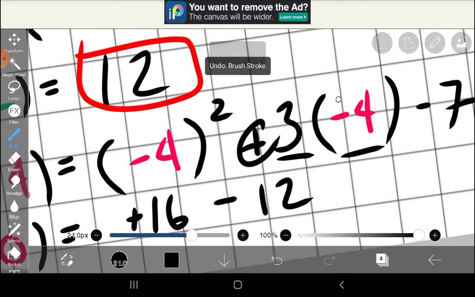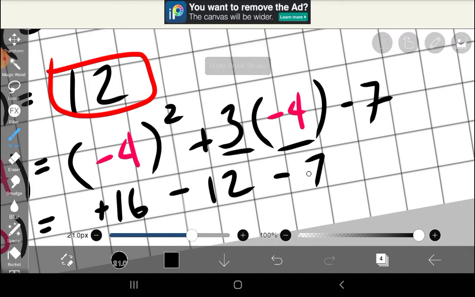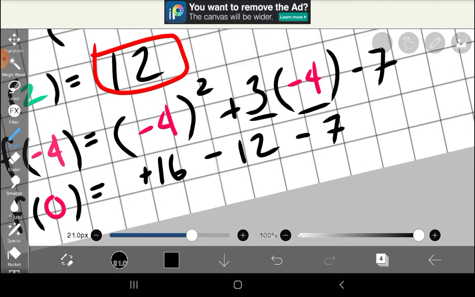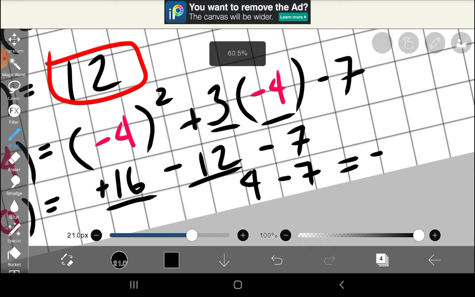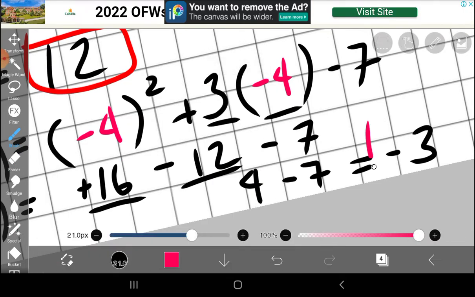Here, positive times negative is negative. Bring down 7. 16 combined with 12 is 4. Bring down 7. 4 combined with 7 is negative 3. So here's the answer.